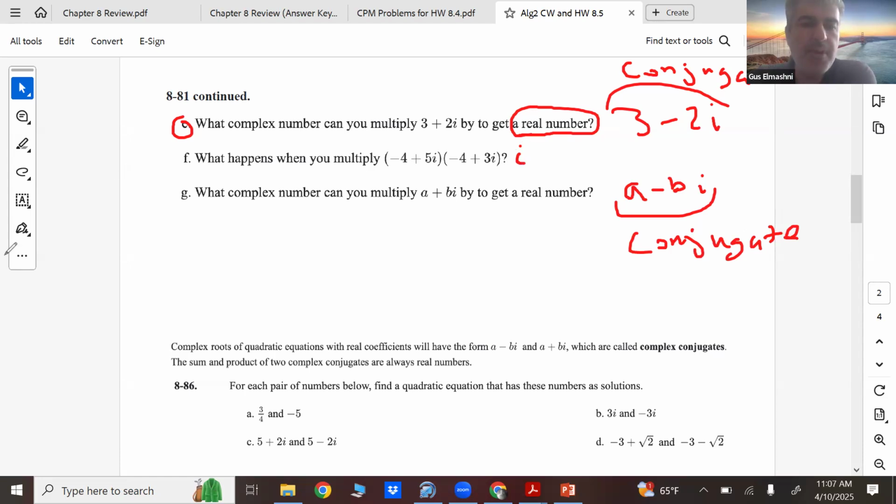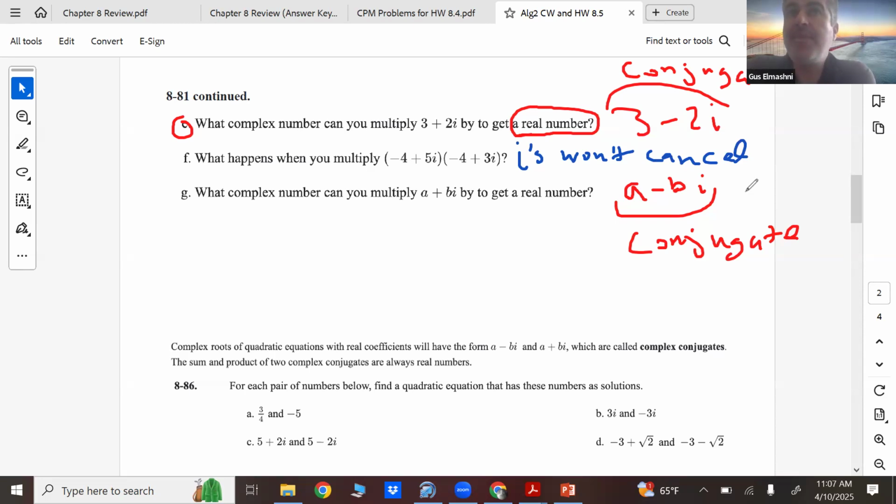Let me change colors for a bit of contrast. Why can't you sub in -1 for i and then multiply? It's actually root -1, not -1 itself. It's a square root. So we have to multiply i by itself to make it -1. So that's why I'm introducing another i.